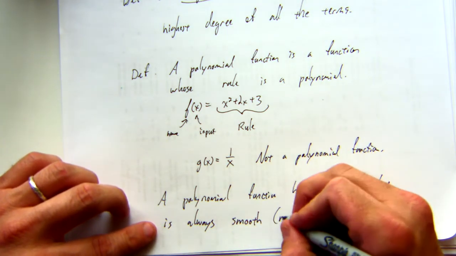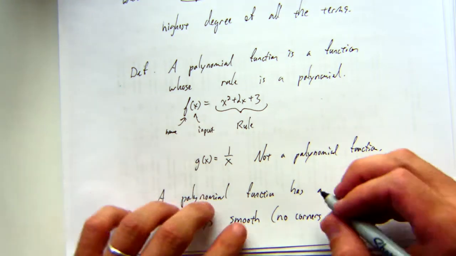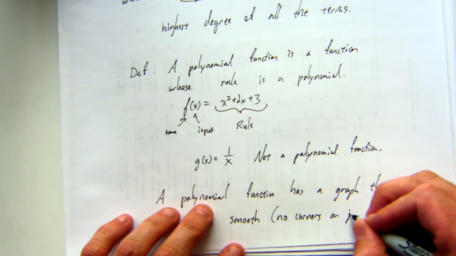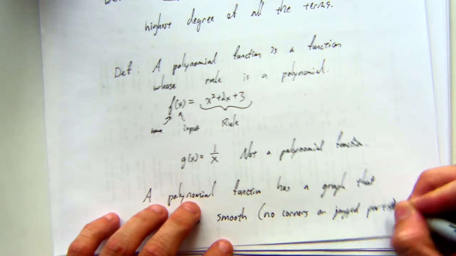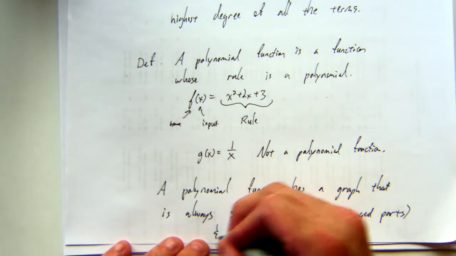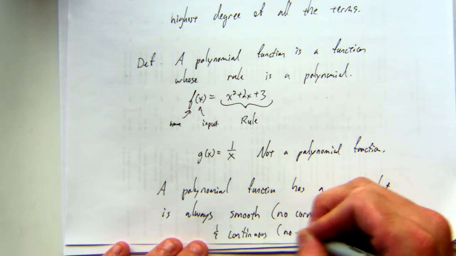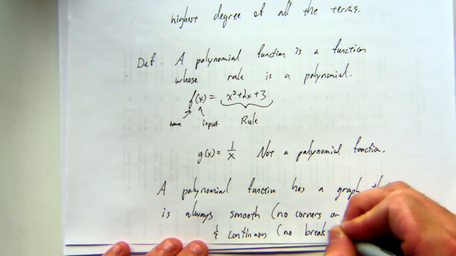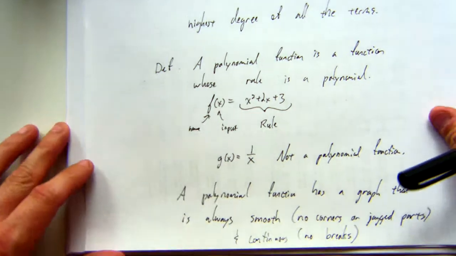That is, there's no corners or jumps or jagged parts. It's always smooth and it's always continuous. That means there's no breaks. Okay? Let's look at some examples.